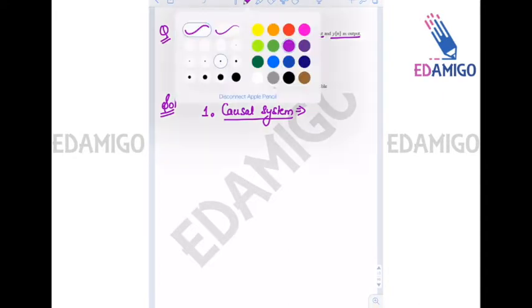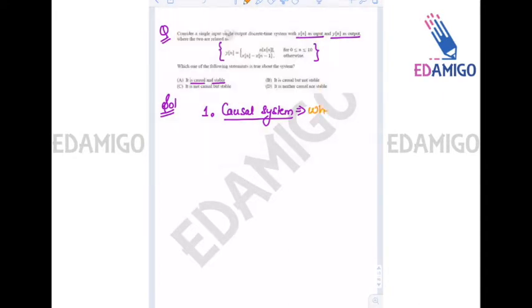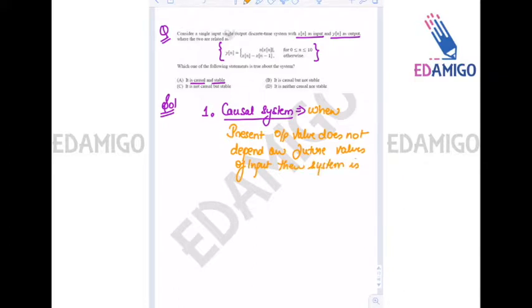A simple definition of the causal system is: when the present output value does not depend on future values of input, then the system is a causal system. It must not depend on the future input.